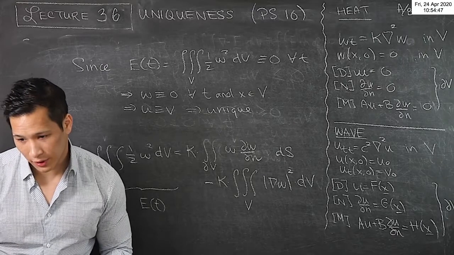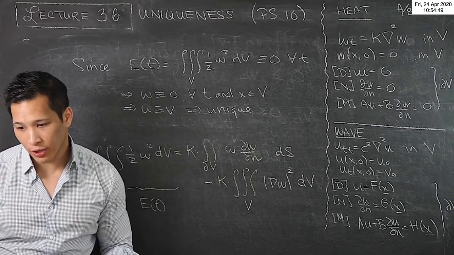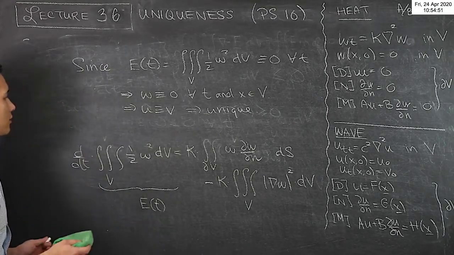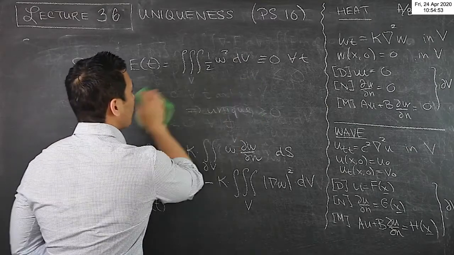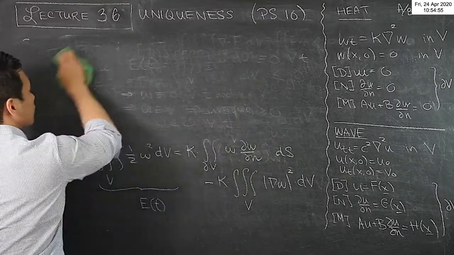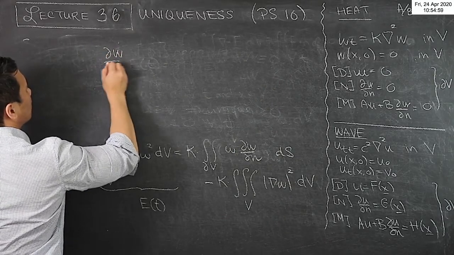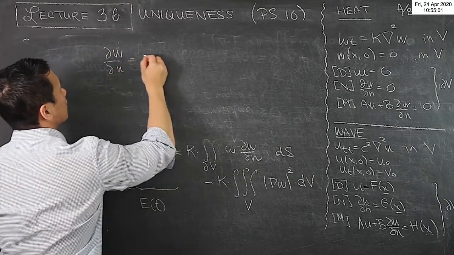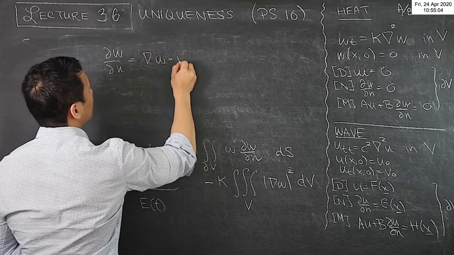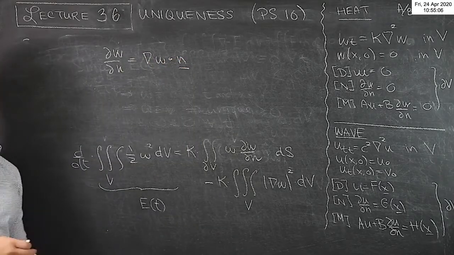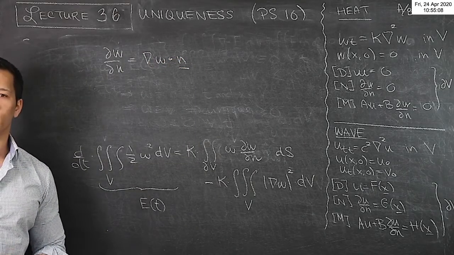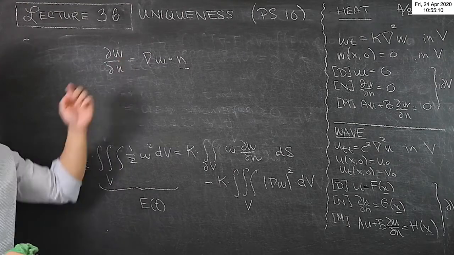Okay, yes, that's right. So someone's asked, how do you go from dW/dn to the formula here? So dW/dn is grad W dot n. This is just a definition of how you compute the derivative of a function in a given direction.